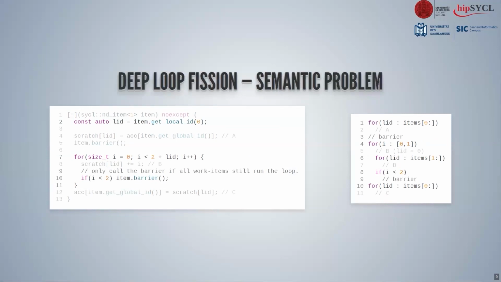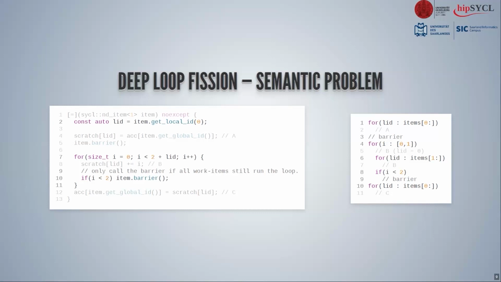This works for most kernels, but there are edge cases where this doesn't work. And this is an example of this. So here you have a kernel with a loop that depends on the work item index. So for the first work item, we will execute this loop 2 times. For the second work item, it will be 3 times. For the third work item, it will be 4 times, and so on. This kernel would be illegal if we didn't have this if i smaller than 2 guarding the barrier down there.